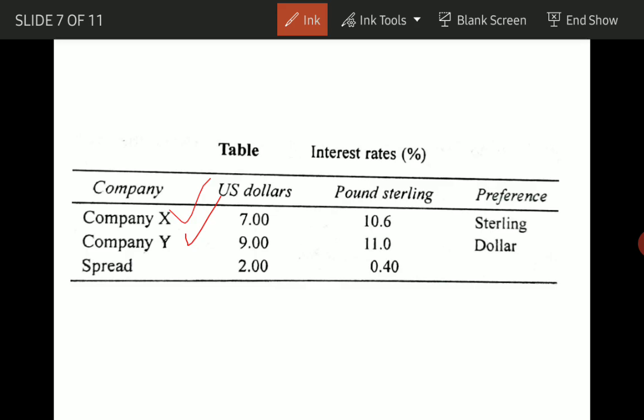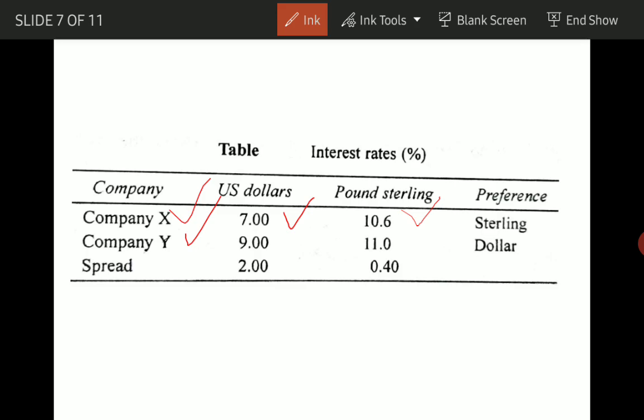When they go to the market, they get interest rates from both currency markets in this way. If company X borrows from the US dollar market, it has to pay only 7%. If it borrows from the pound sterling market, that is the Britain market, it has to pay 10.6%. Company X would pay less interest in the US dollar market, but it prefers to take the loan in pound sterling.